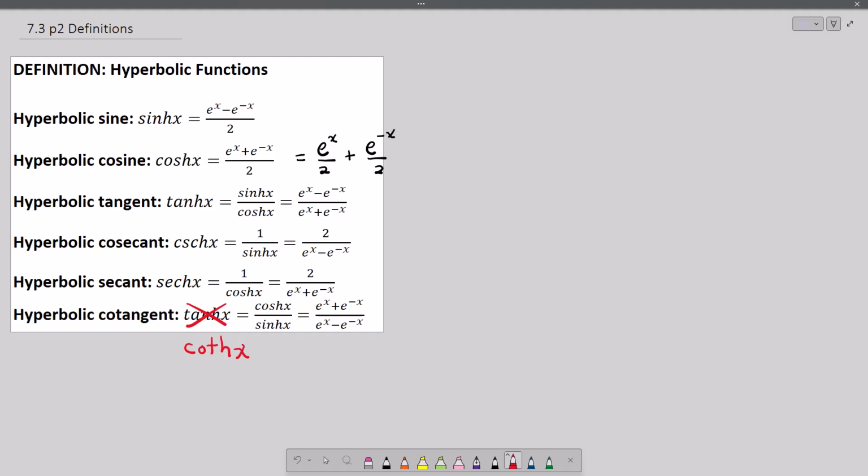Tanh and cotanh, sinh and cosh, cosh and sech. That's how they're usually pronounced. So hyperbolic cotangent, or cotanh, will be cosh over sinh. And so all these things sort of parallel what you've seen with the circular functions.